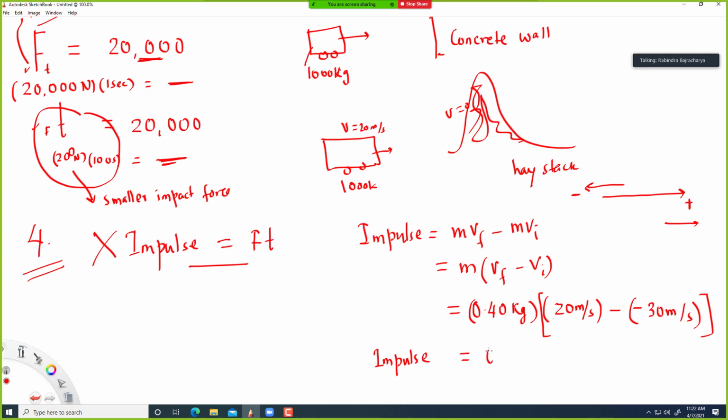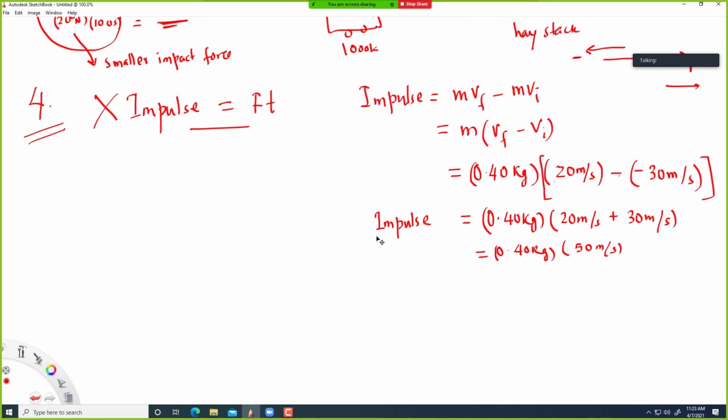So that's 0.40 kilogram times 20 meters per second. Negative and negative is positive. So 0.40 kilogram, 20 plus 30 is 50. So 50 times 0.40. What's that?